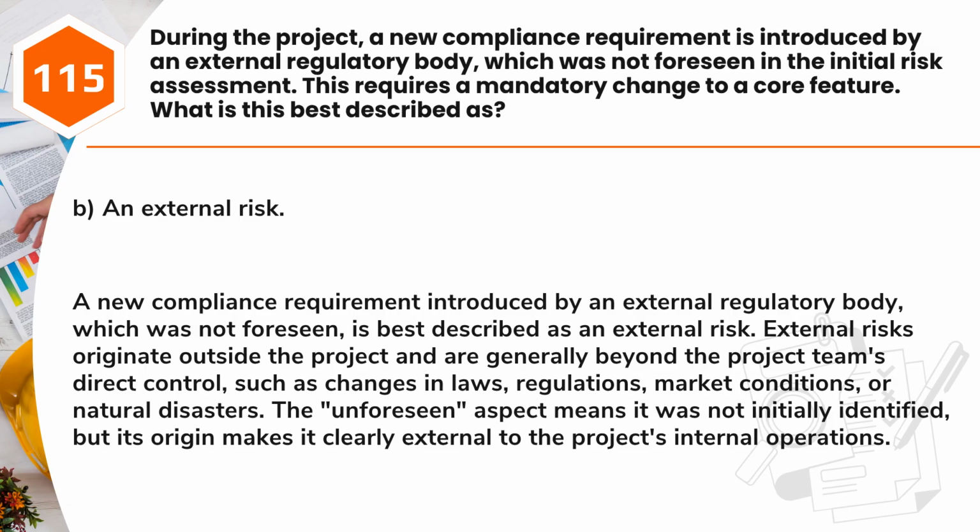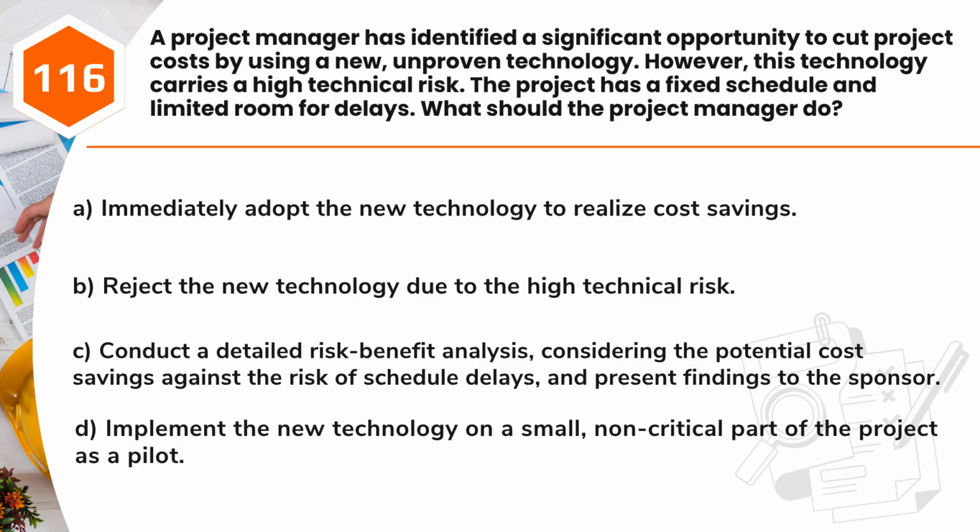Question 116. A project manager has identified a significant opportunity to cut project costs by using a new, unproven technology. However, this technology carries a high technical risk. The project has a fixed schedule and limited room for delays. What should the project manager do?